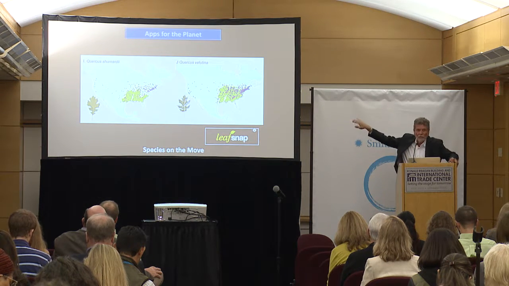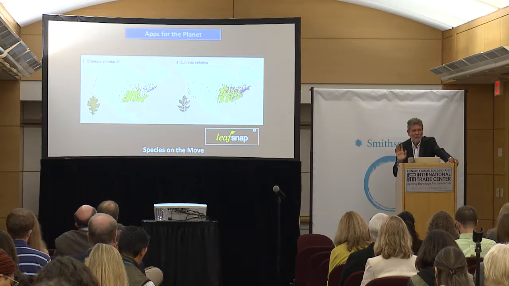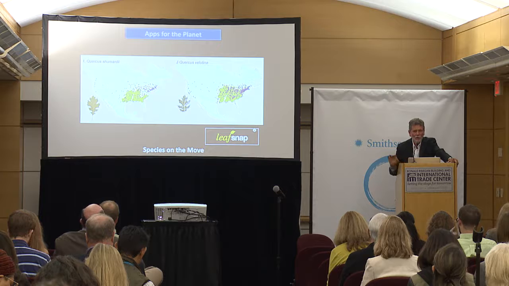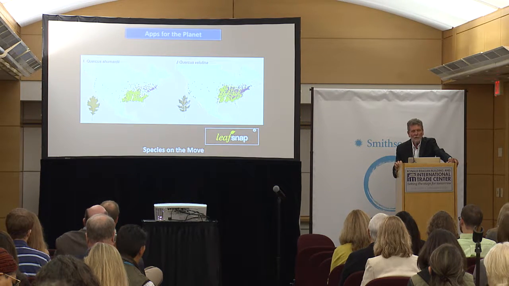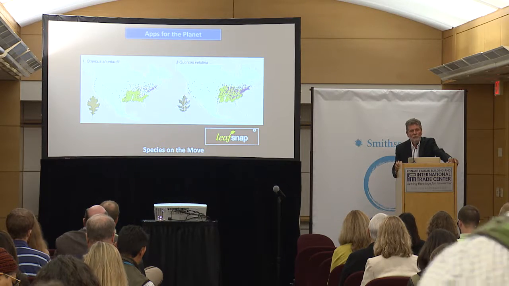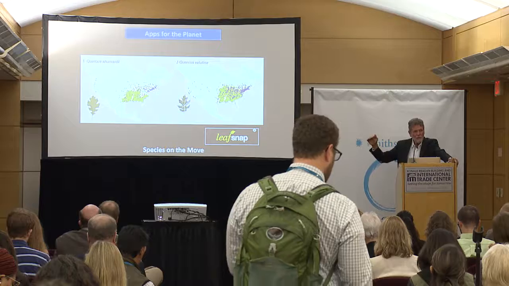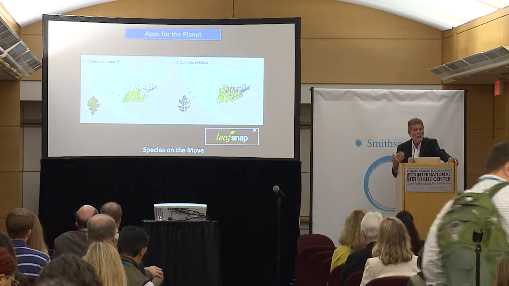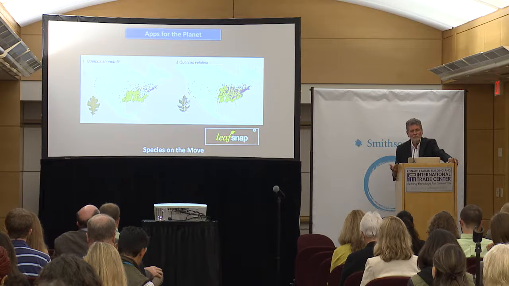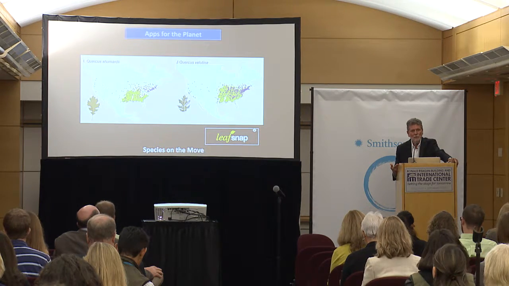The green outline is kind of the original distribution of these plants as recorded 50 years ago. The little blue dots are where citizen scientists have actually recorded the presence of this species using LeafSnap. As you can see, we're seeing these species move out of their normal habitats. This is going to greatly help us as scientists and as conservationists in understanding how the planet is changing and how life is moving around the planet.